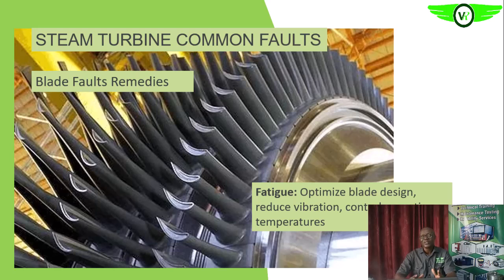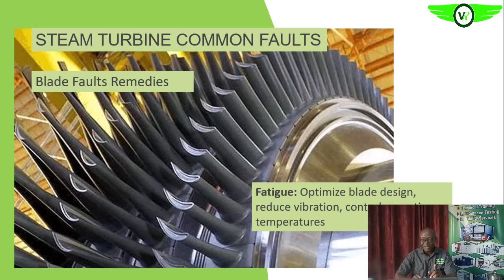You know that once the temperature is fluctuating between two unwanted extremes, that thermal stress can actually cause fatigue, because the blade material will be expanding and contracting until a stage will come that the material will eventually fatigue out. Are we getting it?